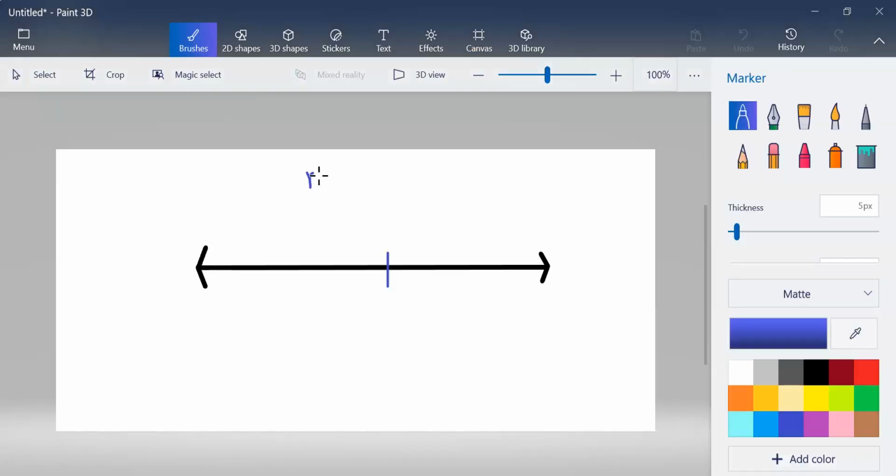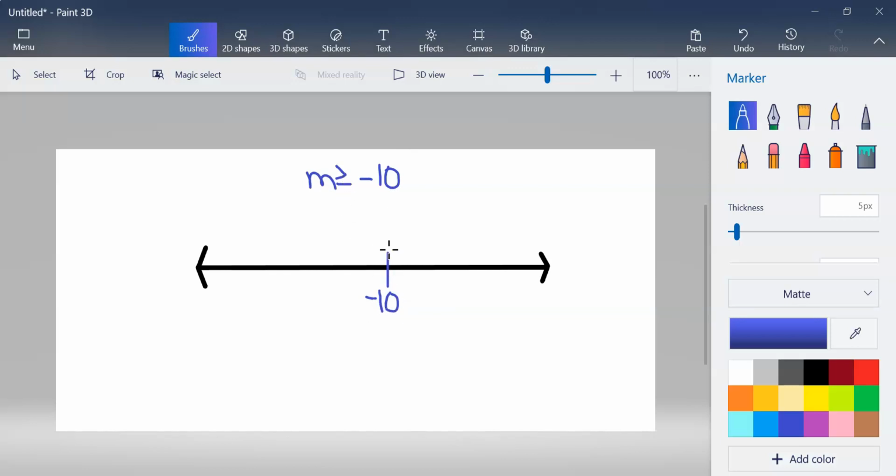So m is greater than or equal to negative 10. In a solved inequality, negative 10 is the interesting number, so mark that down.